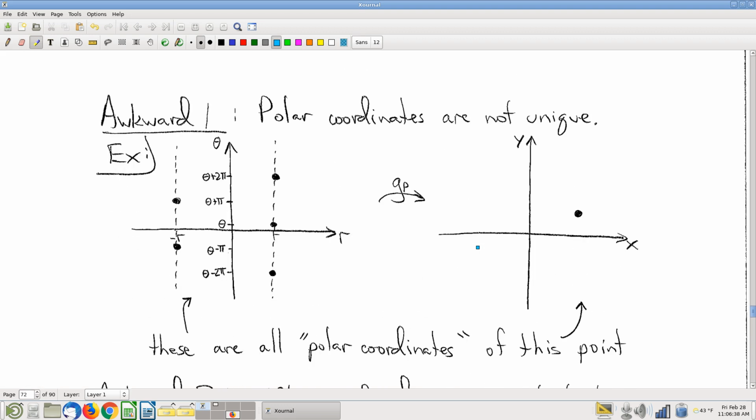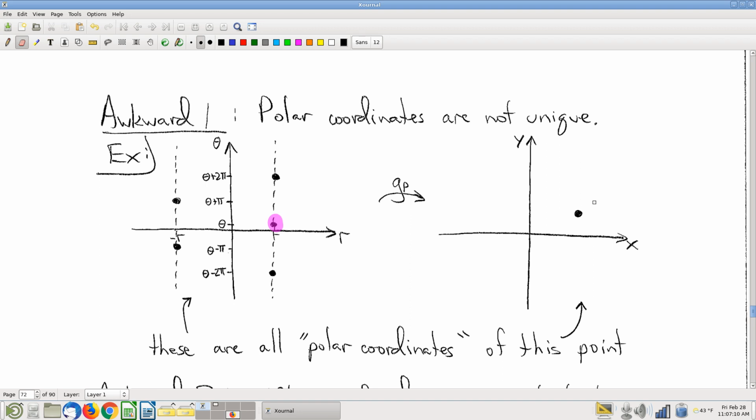Polar coordinates, conceived of as we've described here, are not unique. Notice that thinking of this point as being that direction, with that distance, thus giving me that point, thinking of that as, well, a small angle and a positive distance in that direction would give me this r and theta coordinates for that point.